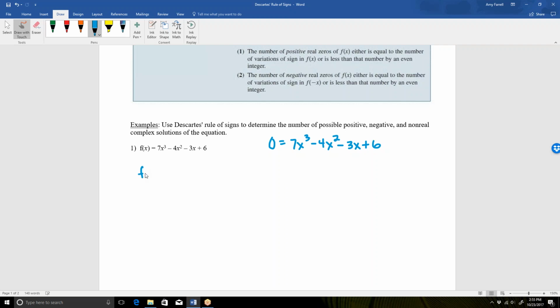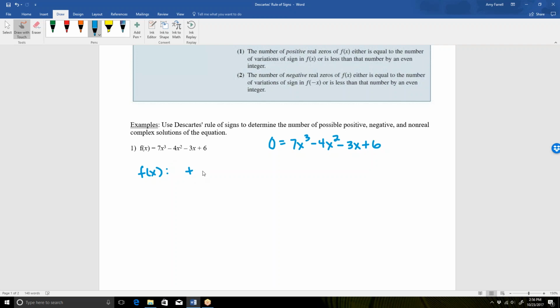So you start and you look at the signs of the terms in f of x. The first term is a positive 7x cubed. So we start with a positive term.